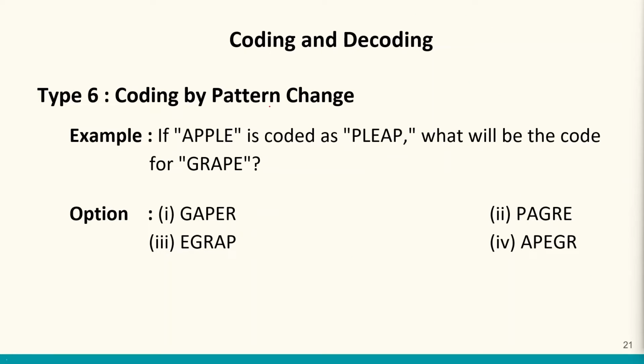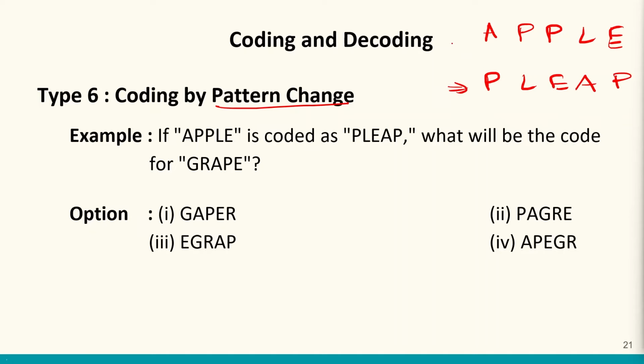Okay, now coding by pattern change. What do you mean by coding by pattern change? I told you an example of cat. So let us understand this question as well. Apple is coded as PLEAP.